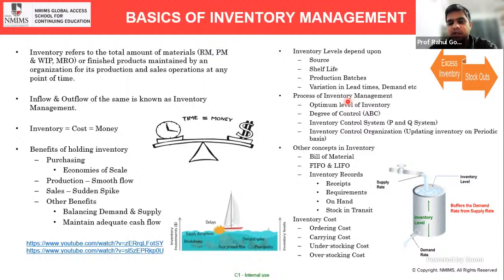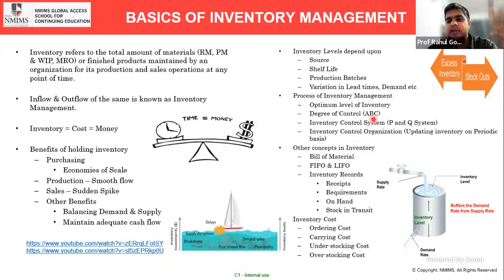So this anyway, we mentioned, what should be the optimum level of inventory to sustain the operations, right? How do you control your inventory? And when we say inventory control, again, back to the same question, when to order, how much to order, what is the degree of control you are going to exert, right? And we saw that it is very important to adopt a certain framework, right?